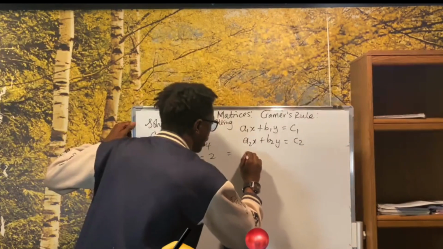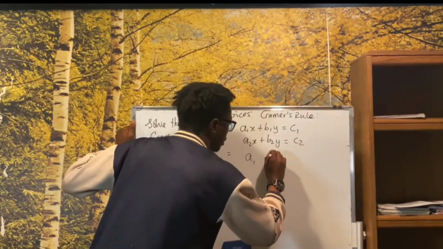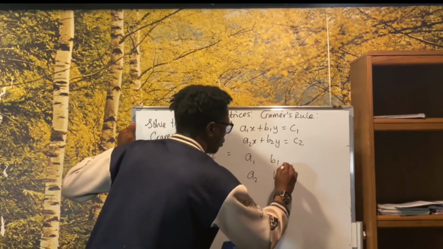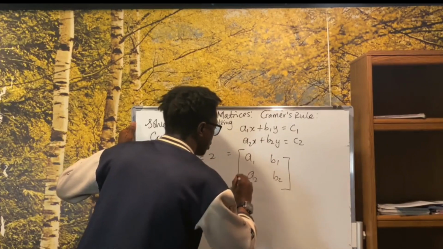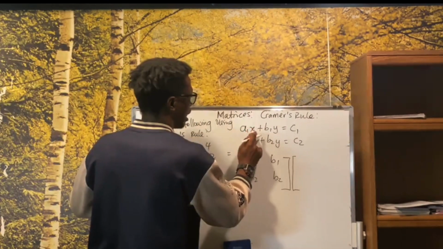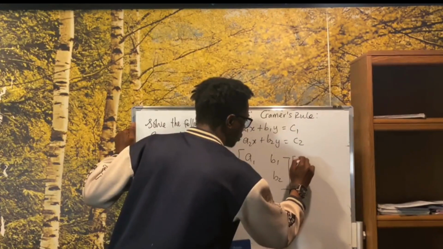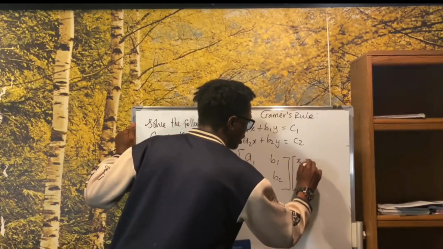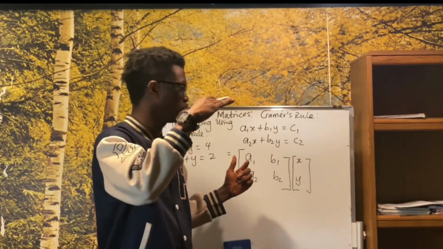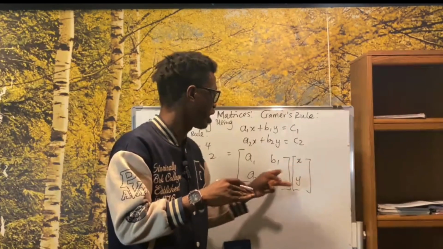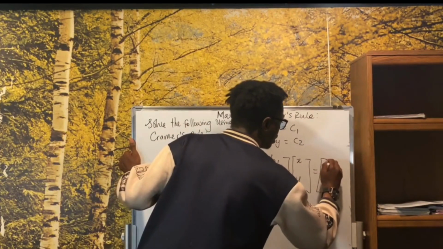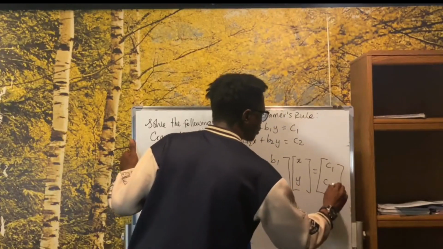We write a1 here, this is b1, a2 down here, and b2, close this giant bracket, then you multiply it by x, y. So the top is going to be x and the bottom y, right? That's how. Then everything equals c1, c2.